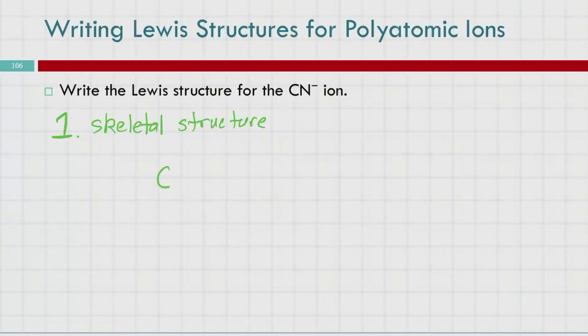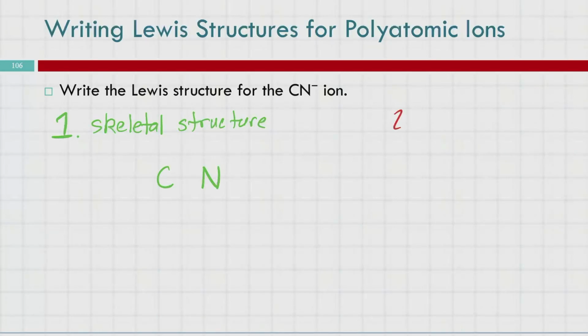I would typically just write this out as C and then N. The way that I wouldn't write this is carbon in front and then nitrogen directly behind it or in front of it, because that's just super confusing and it doesn't make any sense. So as long as you don't do that, which I'm guessing none of you are even thinking about, you should be fine because it's just 2 things. You could even put them at a diagonal if you wanted to. Doesn't really matter to me, but this is how I'm going to do it.